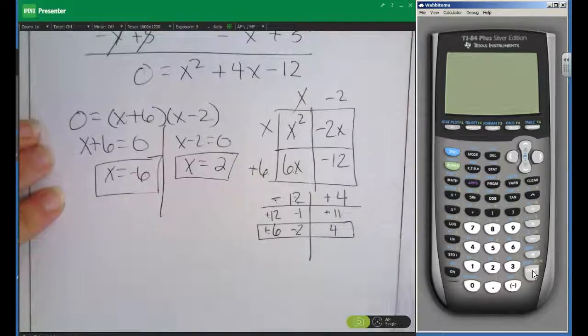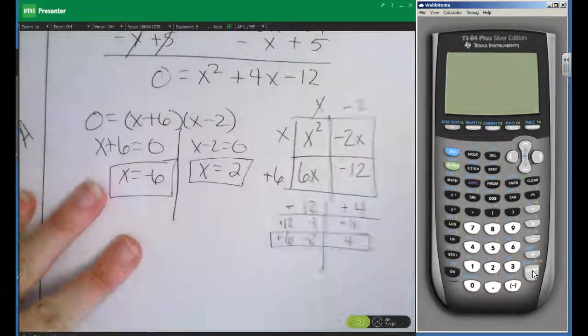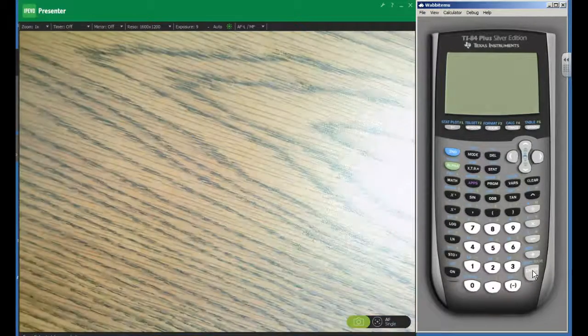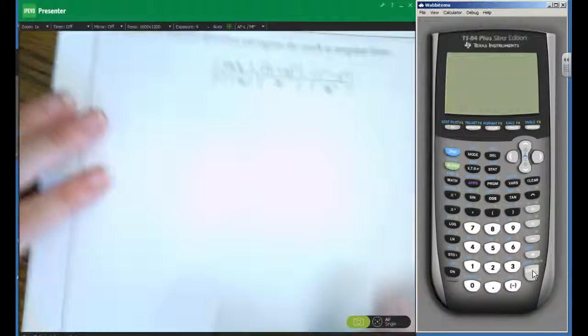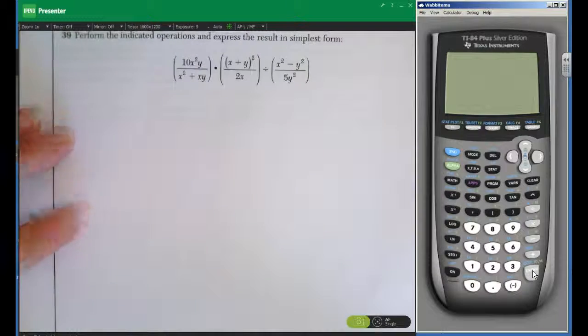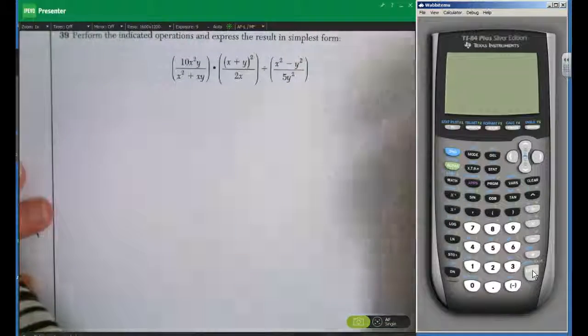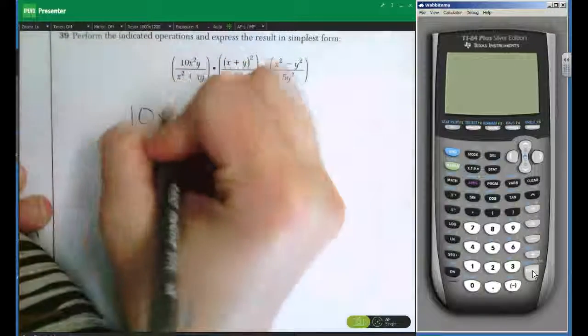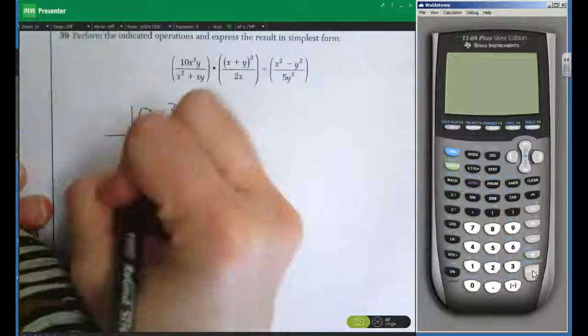Okay. Next one. This is a crazy wazy one. I like to multiply, so I'm just going to make everything simple. So here this stays the same. Nothing happens here.